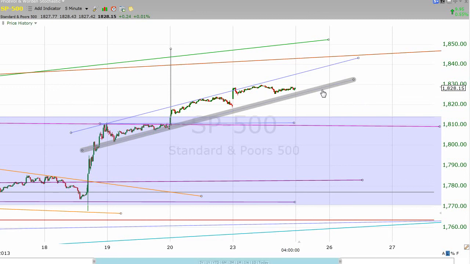So let's see. This line, which is at this point purely hypothetical, because we've got 2 touches on it back here on the 19th, but that's not really enough in my book to justify saying expect support here. I just have it on the chart because we may get support.